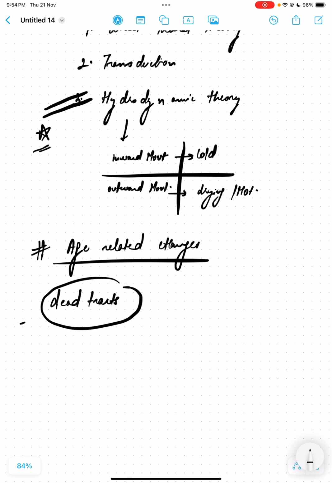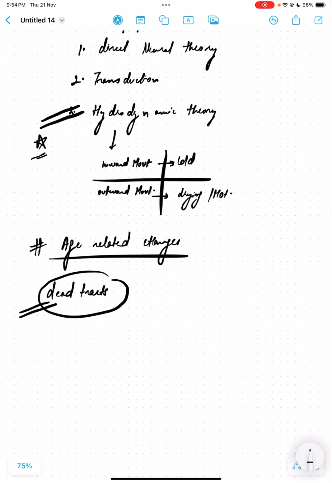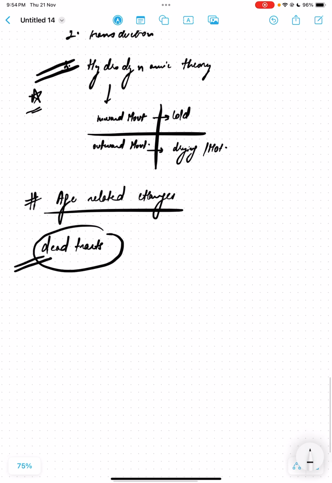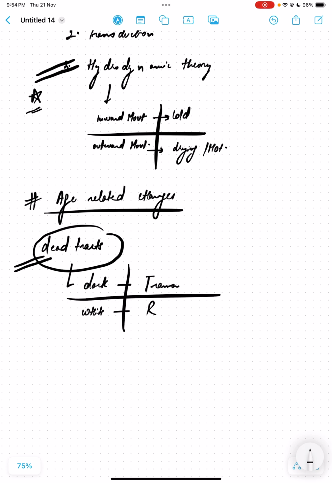All of us get confused: what is seen in reflected light, and what is seen in transmitted light. So dead tracts appear dark in transmitted light and white in reflected light.